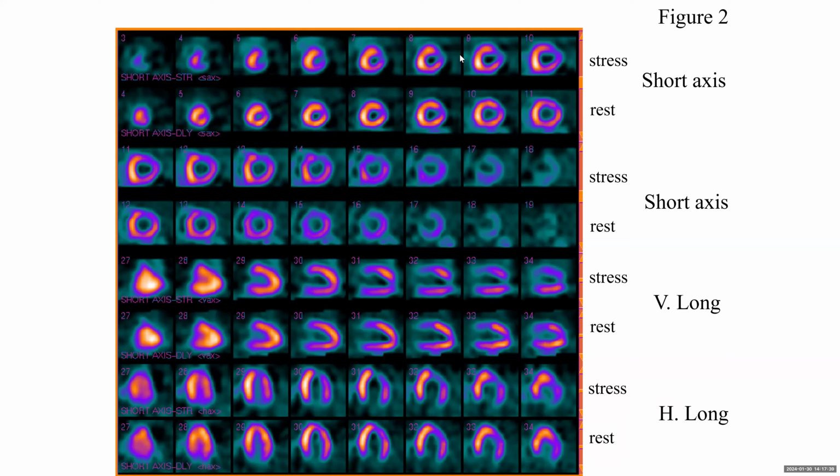What else? Transient ischemic dilatation. Now, these images are not really good for assessment of TID, but you could guess that. And the reason why TID is actually a sign of high risk scan: there were multiple theories I went through regarding the TID, that it's subendocardial ischemia or the actual physical dilatation of the LV.